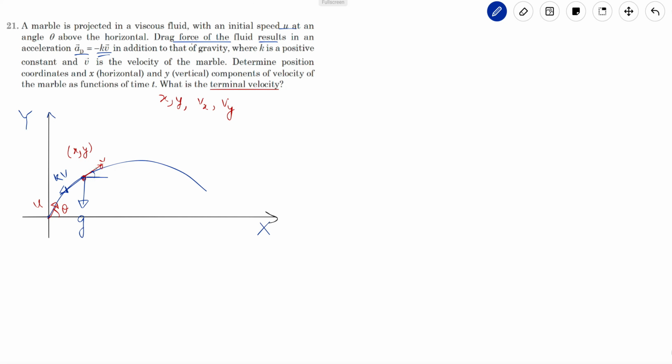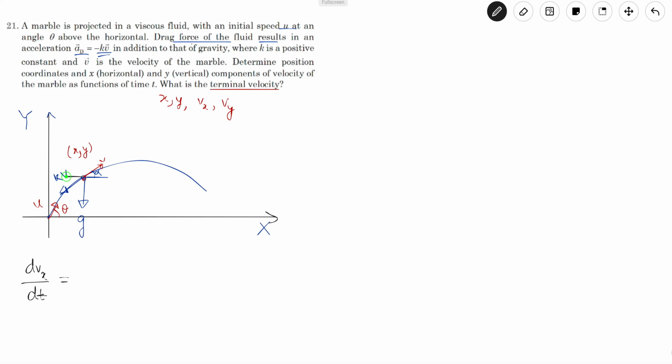Let's say that this angle is alpha. Along x direction, the acceleration is dvx over dt, which is equal to the resultant of these two accelerations, the acceleration due to gravity and the acceleration due to the drag force of the fluid.